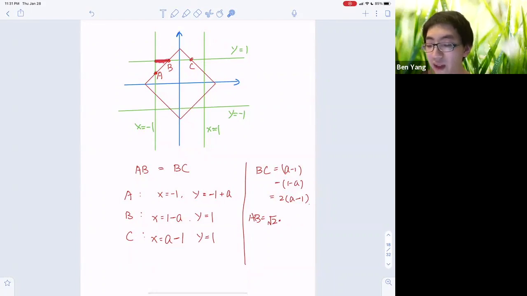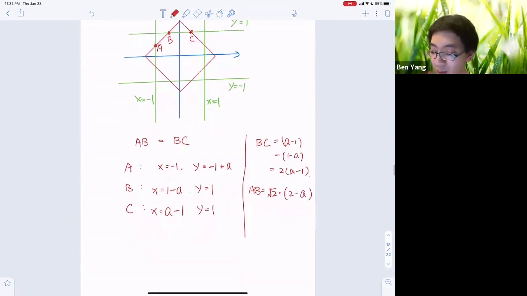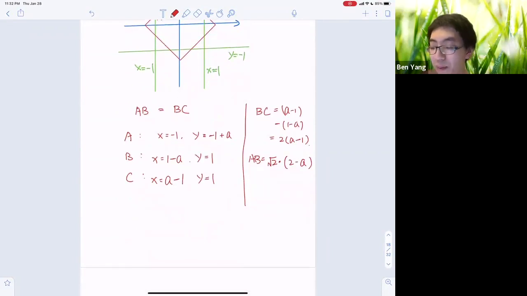And the leg of this right triangle is just the x-coordinate of B minus the x-coordinate of A. So that's 2 minus a. Now we want BC equal to AB. So we have 2 times a minus 1 is equal to √2 times 2 minus a.